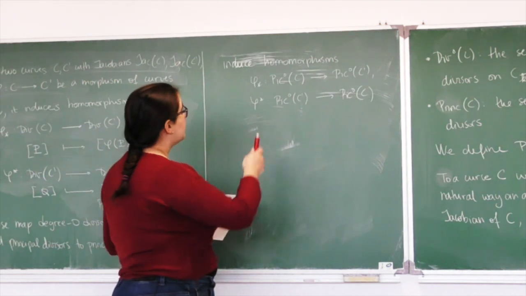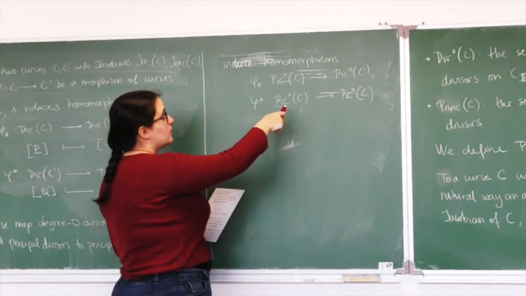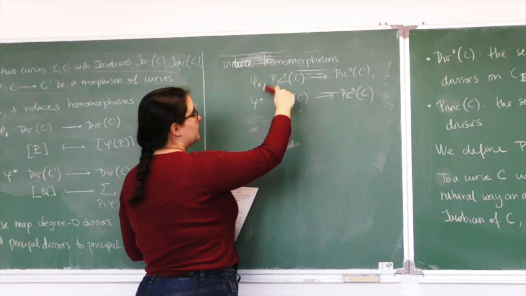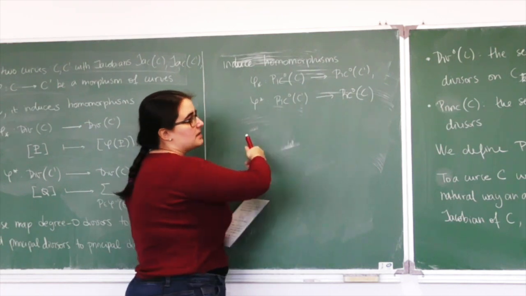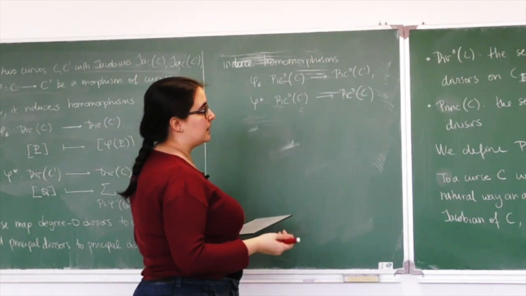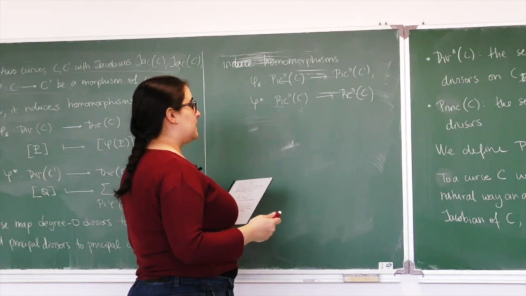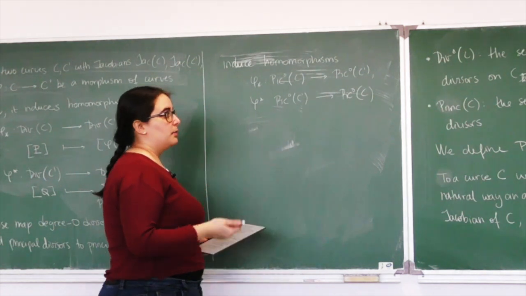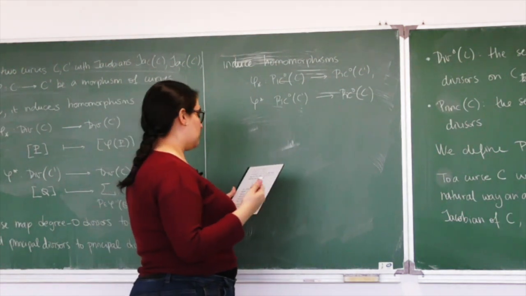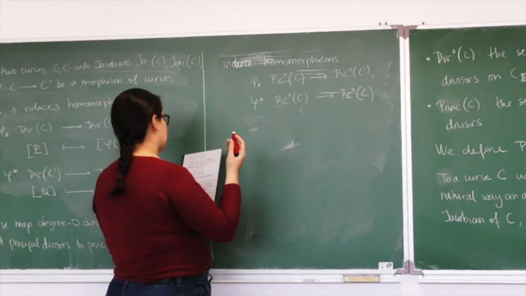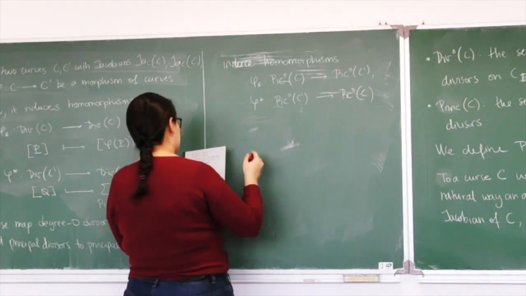So as I was saying, we have these induced homomorphisms on the Pic 0 of C, and again, this is simply the Jacobian. It's a homomorphism in the points of the Jacobian, so it gives us the following commutative diagram.